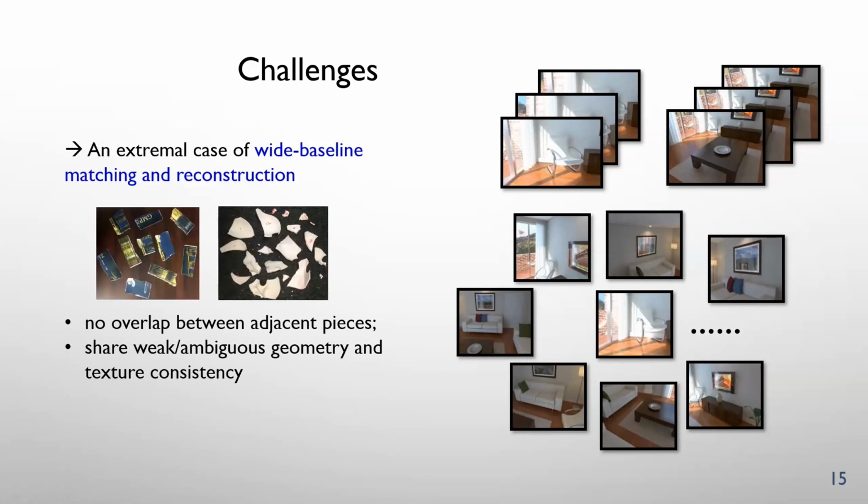And now we are dealing with fragments where adjacent pieces only barely touch each other. We should assume that there's no clear overlap, and also the consistency of the geometry and textures between adjacent pieces is weak and sometimes ambiguous. So we can assume that the matching or correspondence can be computed, but it is often unreliable.